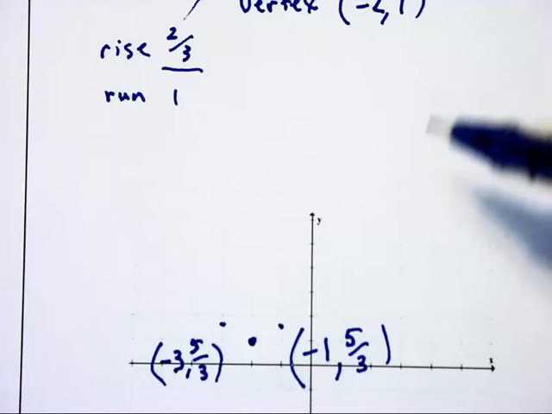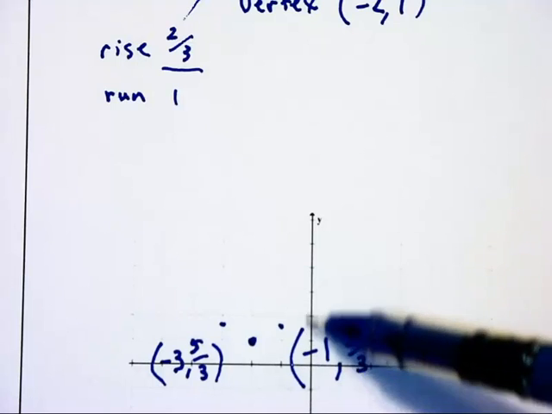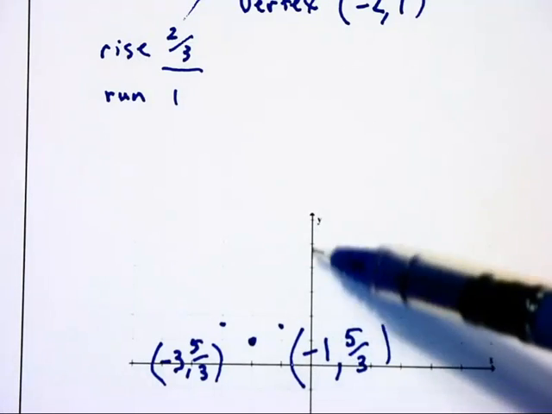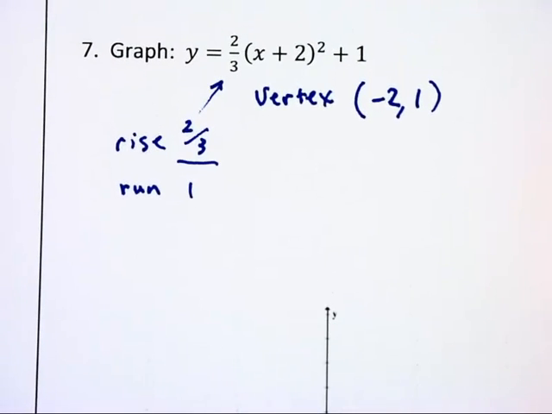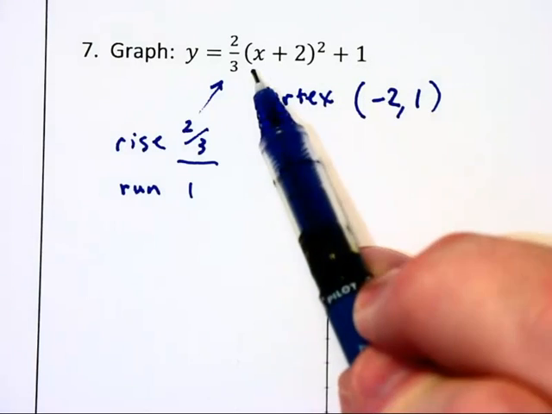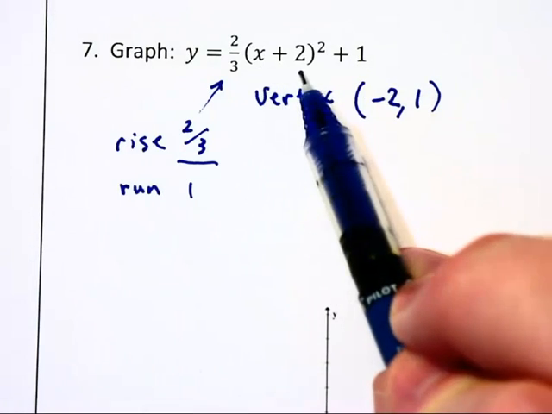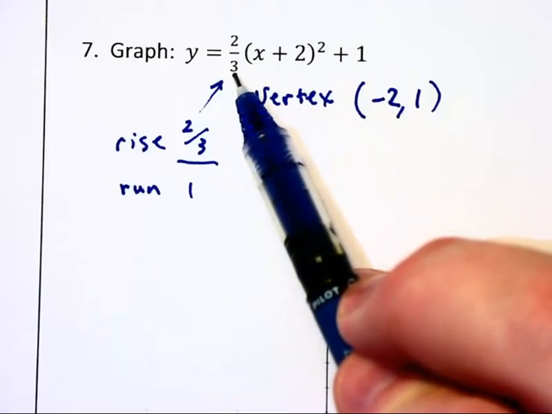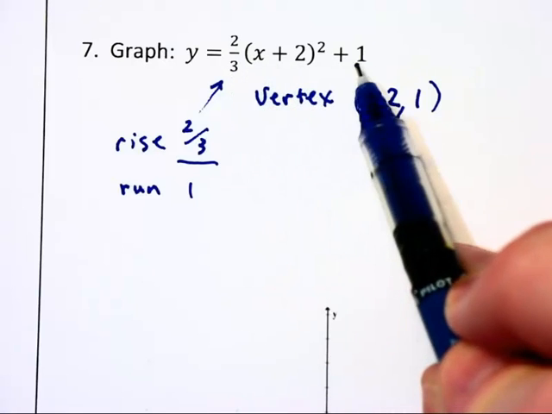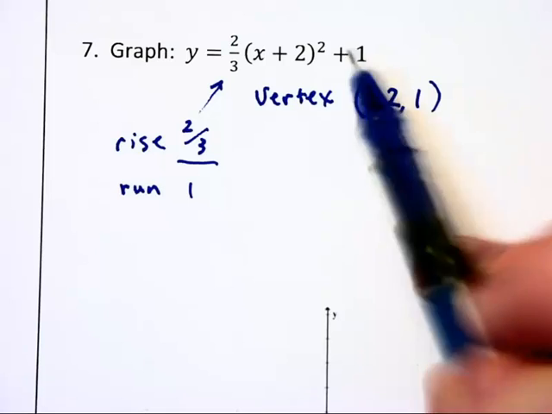If I want an additional point, notice how the next point out will be on the y-axis, so I can substitute in x equals 0 to the original equation. If I substitute 0 in, 0 plus 2 is 2, which squares to 4. Multiply 4 by 2/3 to get 8/3. Add 1 to get 11/3.